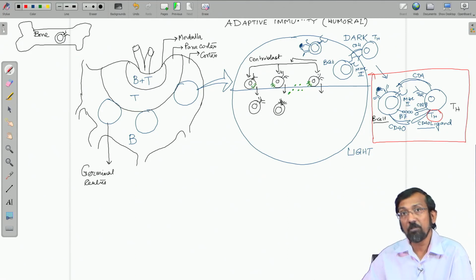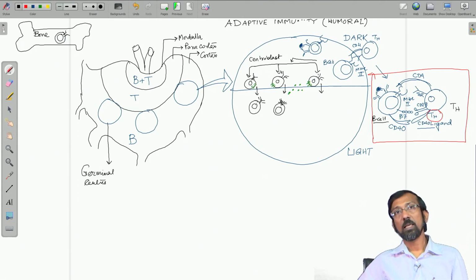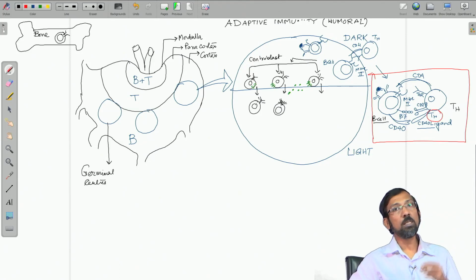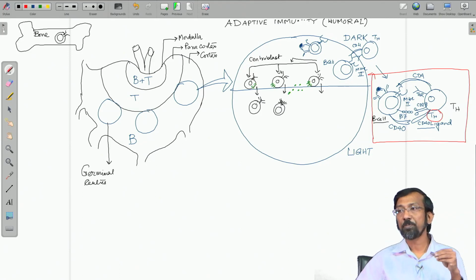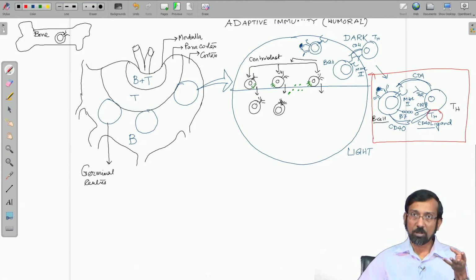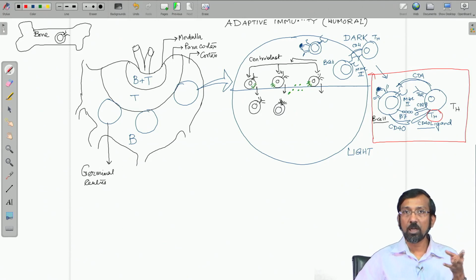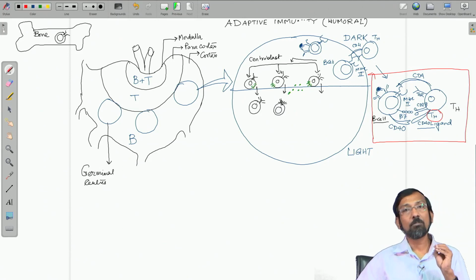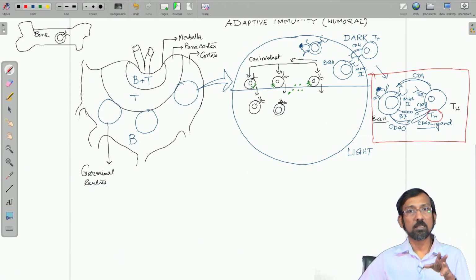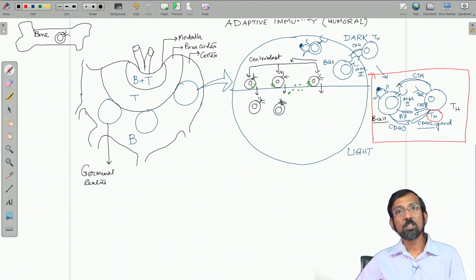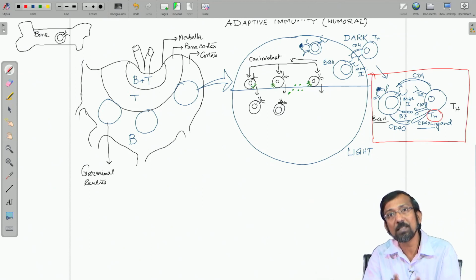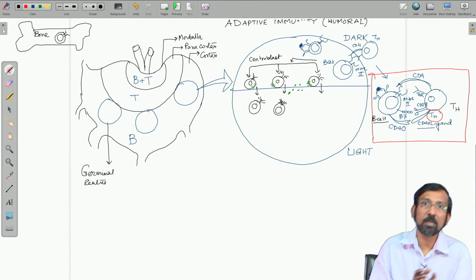So, in every step in the immune system, whether it be the T cell maturation or the T cell activation, we have certain specialized cells and molecules which are helping in a process of selection. So, selecting the correct molecule, selecting the correct cell.